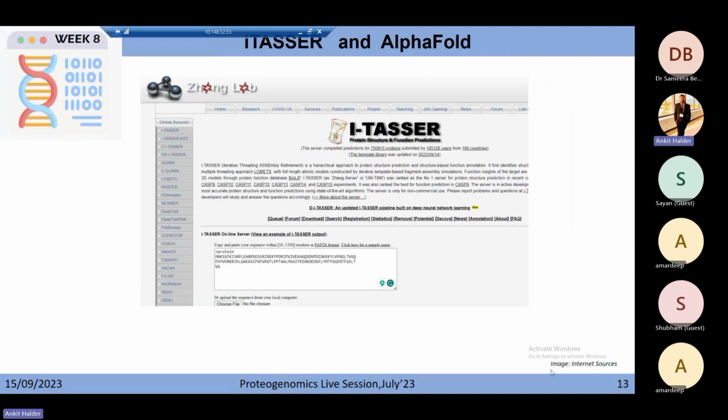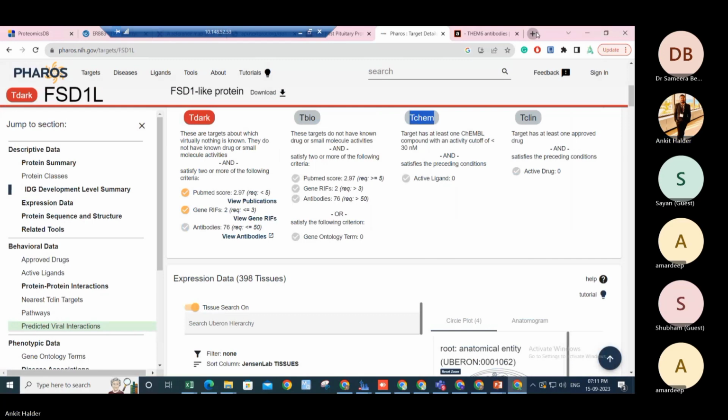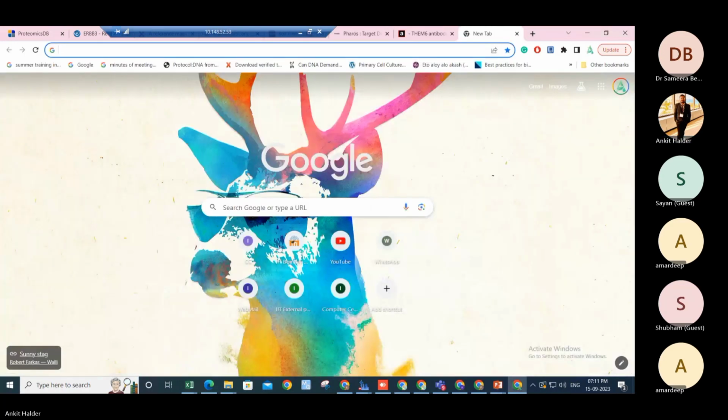So now next is I-TASSER. I-TASSER was the one previously being used for modeling.